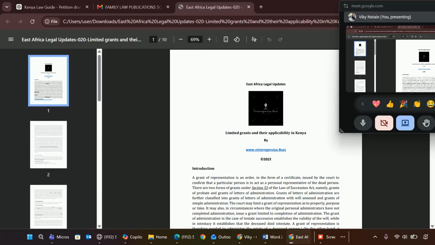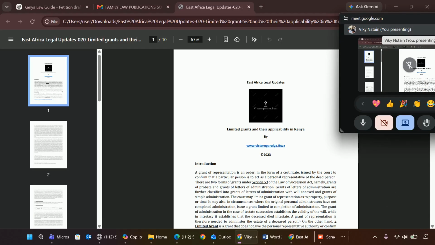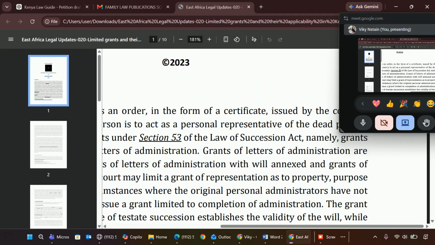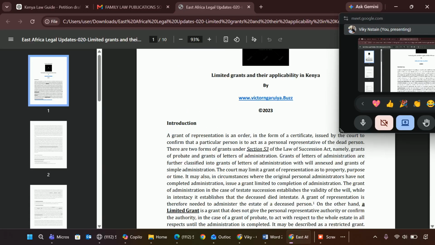Okay, so I'll begin by skimming through the document, highlighting the key elements arising from it. The document is visible before you, and I'll start by saying that there are two forms of grants provided under Section 53 of the Law of Succession Act, where we have grant of probate and grant of letters of administration.